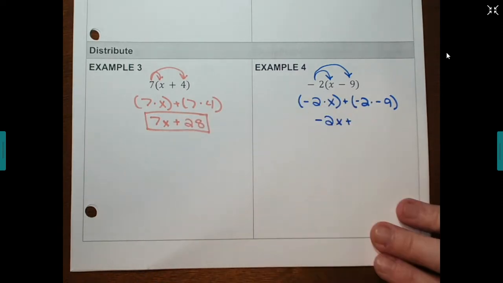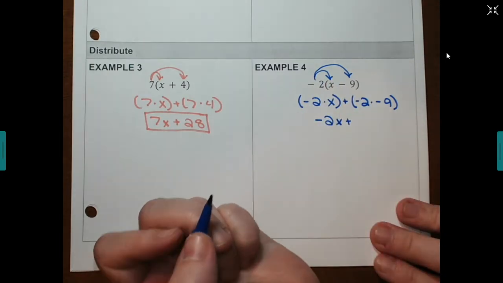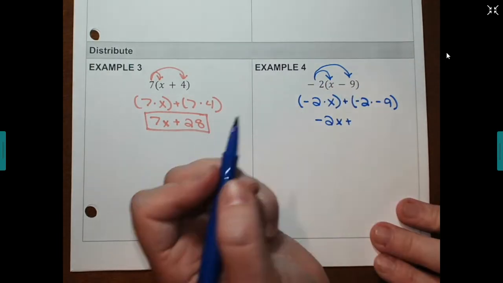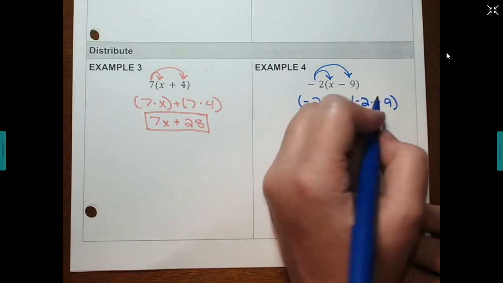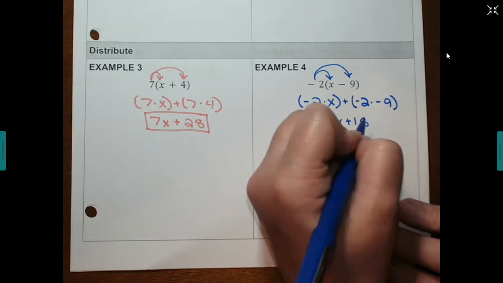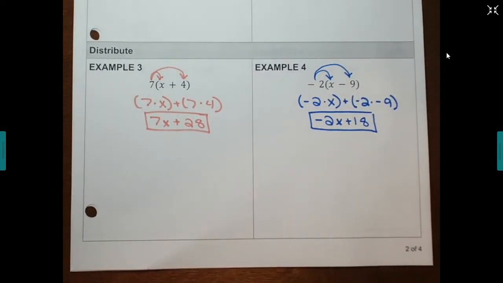Plus, great moment for Desmos, negative 2 times negative 9 is a positive because it's negative times negative. So plus, we don't have to add any other signs here, it's 18. Okay. If you need those copied down, go ahead and get them. Hit pause and grab them.